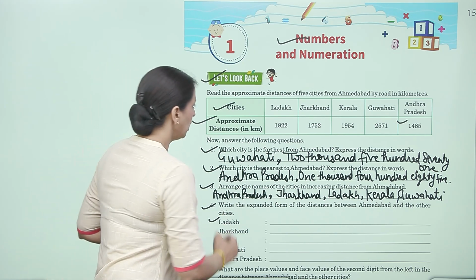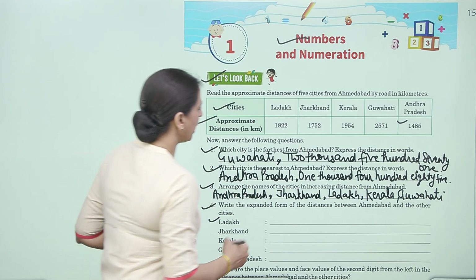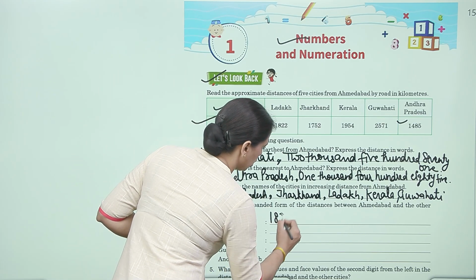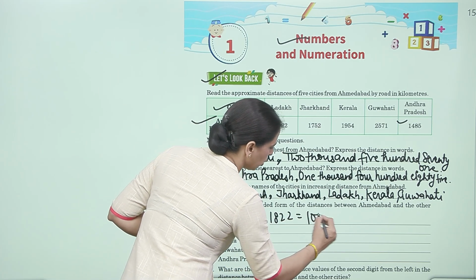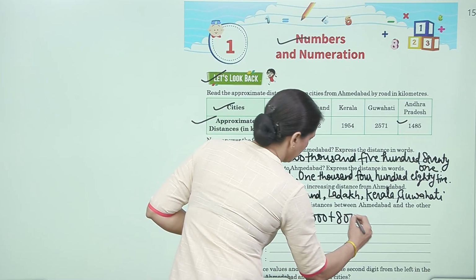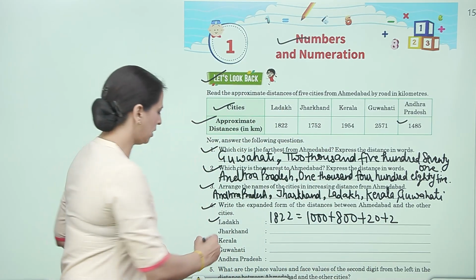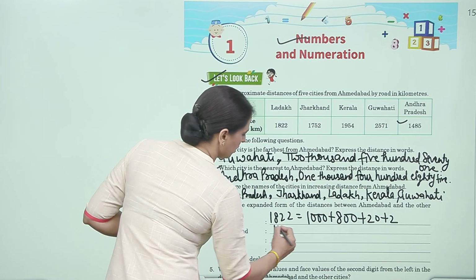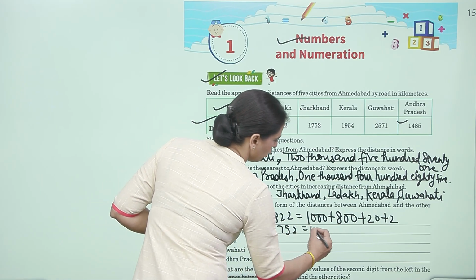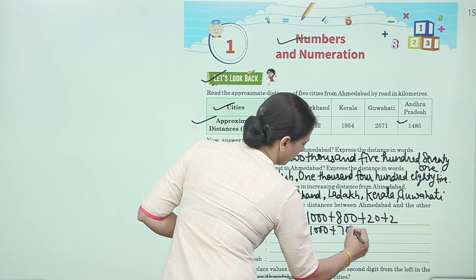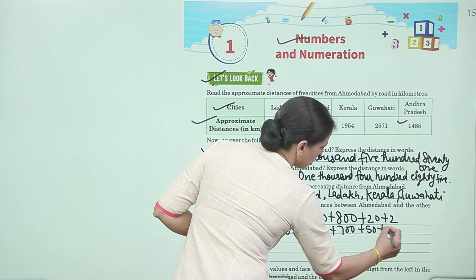Now Ladakh is 1822, that is 1000 plus 800 plus 20 plus 2. Next, Jharkhand is 1752, that is 1000 plus 700 plus 50 plus 2.